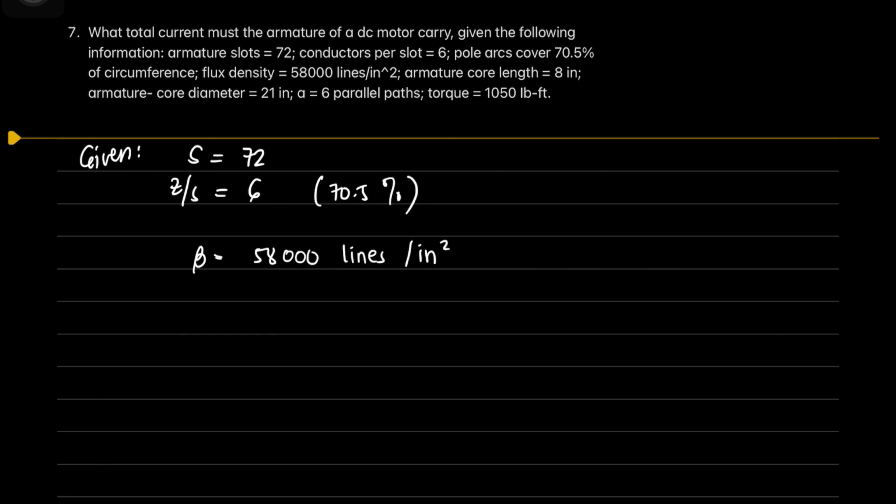The armature core length is equal to 8 inches. The diameter of the armature core is equal to 21 inches. The number of parallel paths is equal to 6, and the torque exerted by the armature is 1,050 foot-pound.